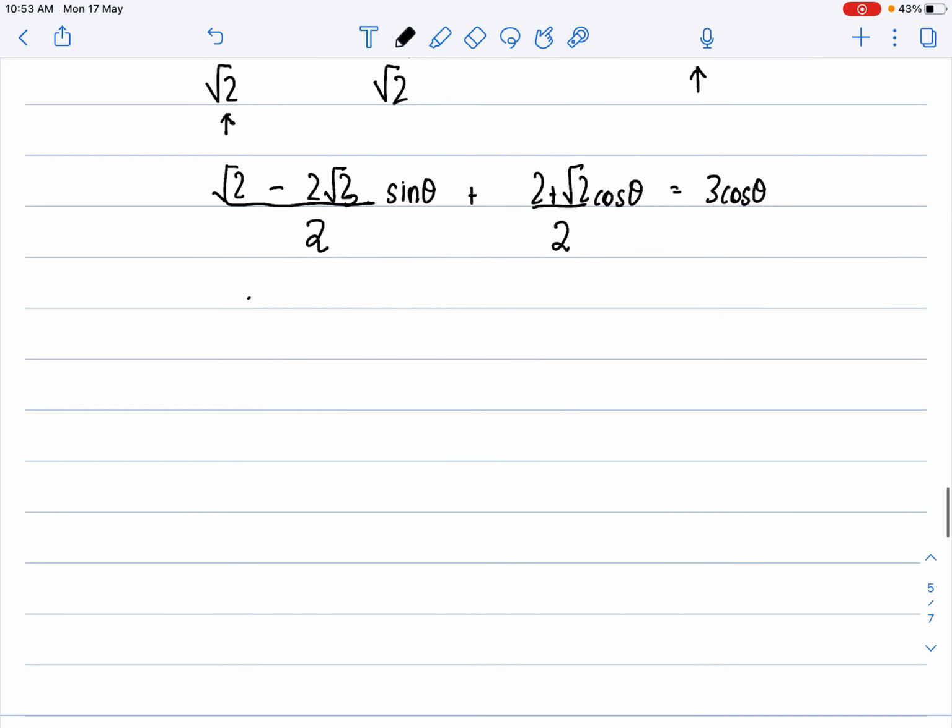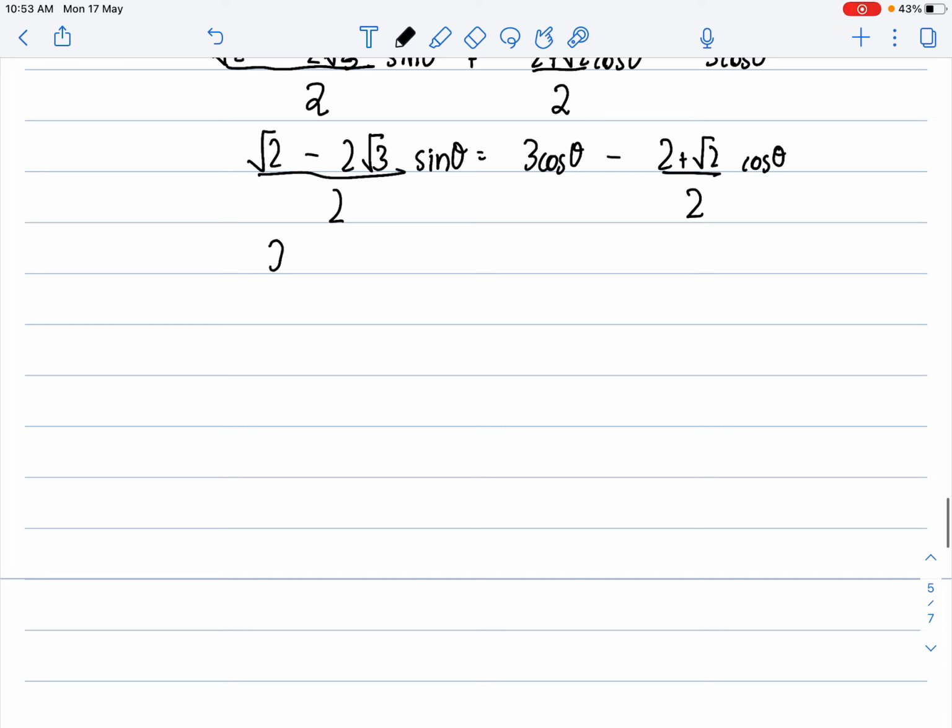Now I can simply write this as root 2 minus 2 root 3 over 2 sin theta, which is equal to 3 cos theta minus 2 plus root 2 by 2 cos theta.